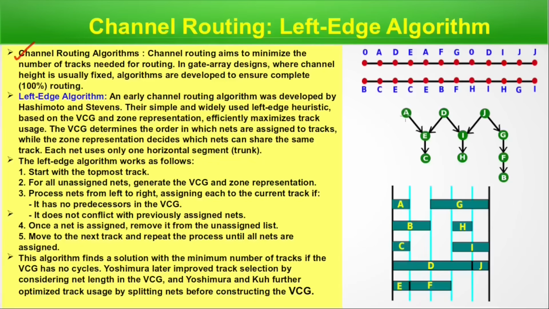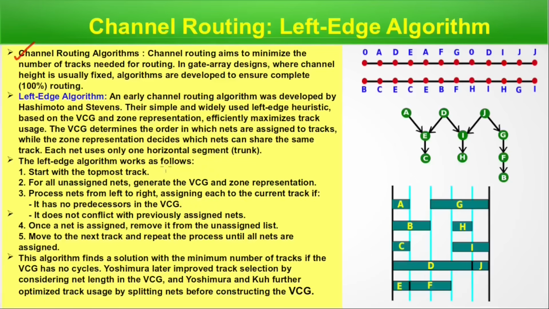Obviously, we know the order: since it is directed, A must be placed over E, A and D must be placed over E, and C must be placed below E. Similarly, D and J must be placed above I, whereas I must be placed above H, and J must be placed above G, F and B. B is at the lowest level, then above it F, and above it G. This is the vertical constraint graph. That information we can get from this vertical constraint graph, and the algorithm actually uses the VCG and zone representation.